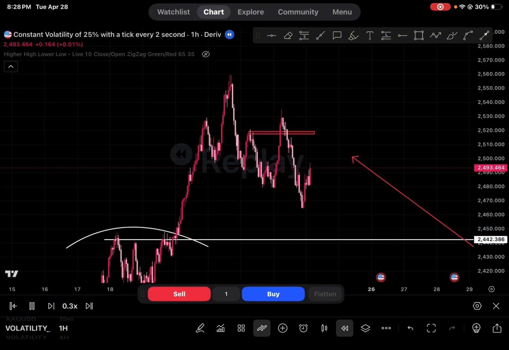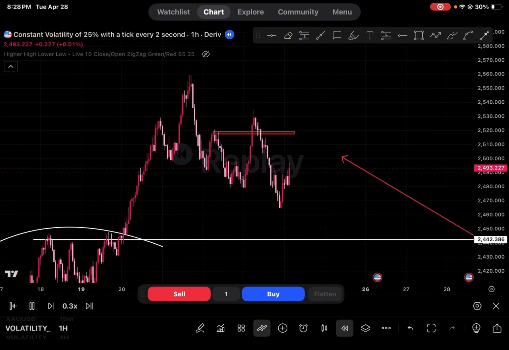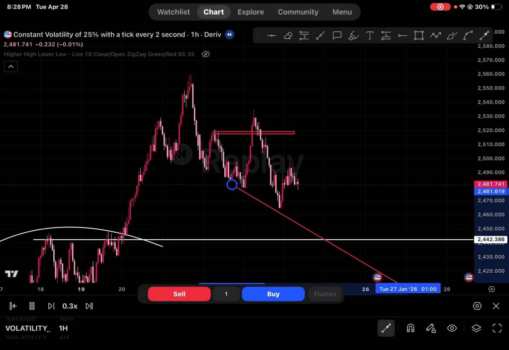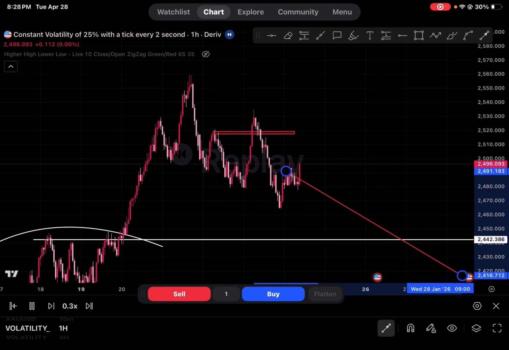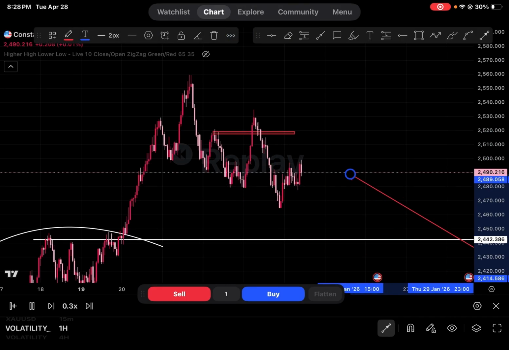Guys, I'm just gonna stick to one volatility pair and study it, because right now I've been backtesting Volatility 25 and realized that it does a lot of liquidity sweeps, especially after the change of character happens. It just pushes down, takes the last low, and then continues pushing back up.